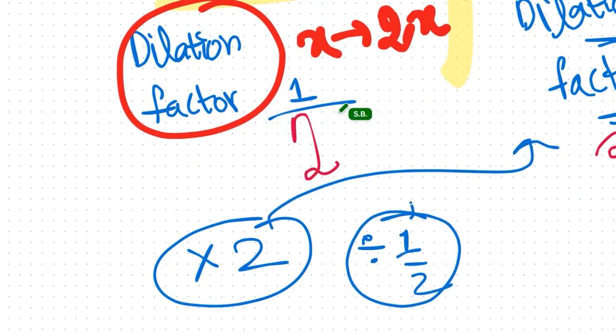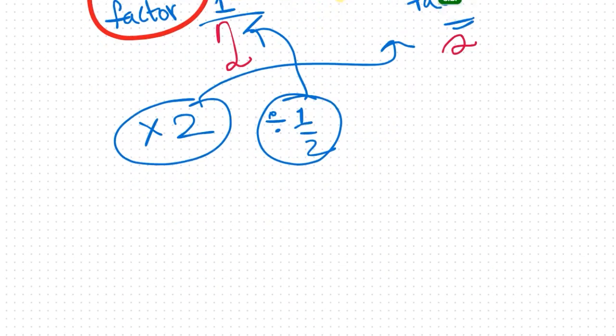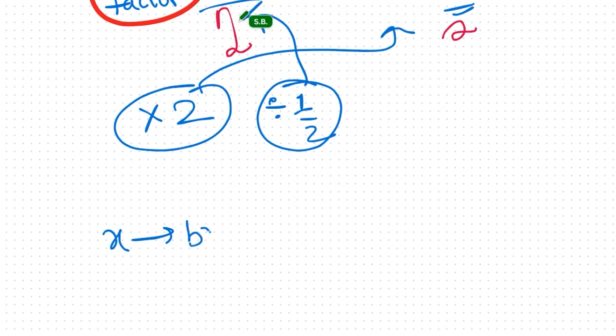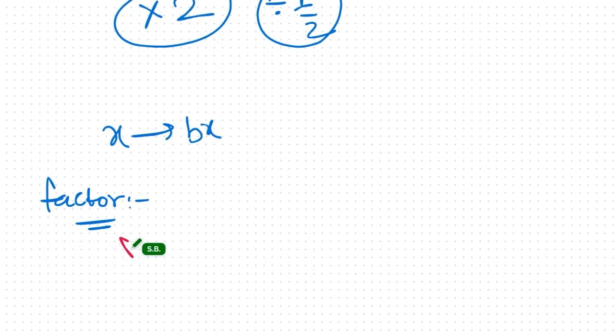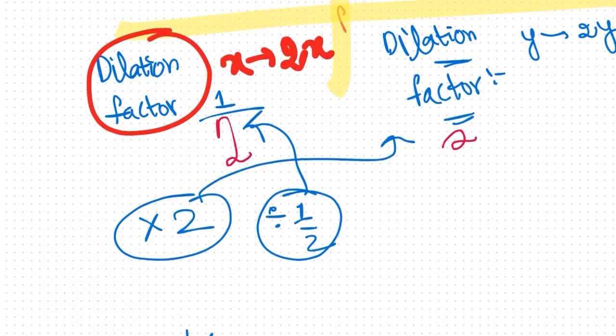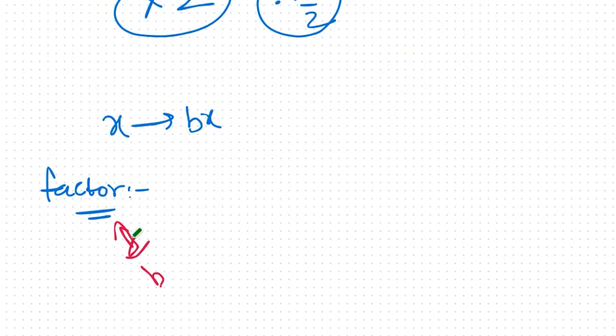So whatever the number, x becomes bx means dilation factor is equal to 1 over b. Okay. Horizontal dilation, that is. X changes to some number times x.